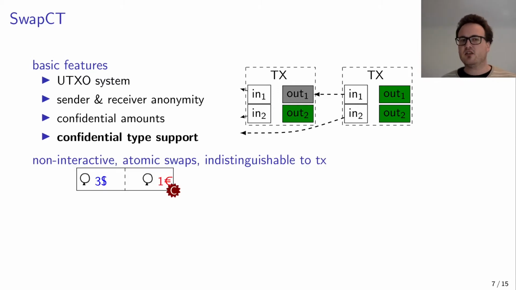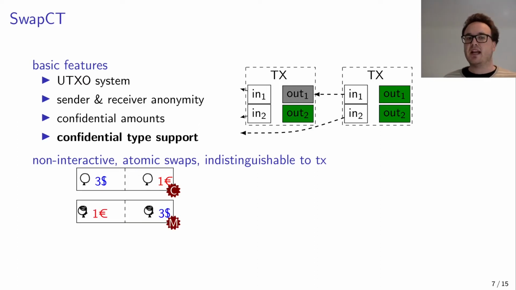So how to build these atomic swap transactions? Let's assume that QWall has $3 and wants €1 in return. So QWall can sign an offer which says, I would authorize spending my $3 note if somebody returns a €1 note to me instead. And Megan, for example, can conversely do the opposite thing and sign it.